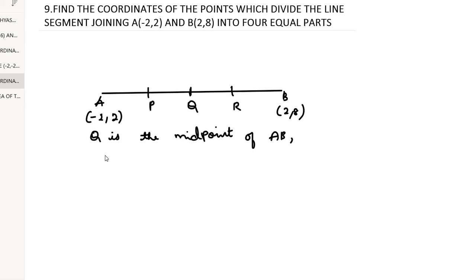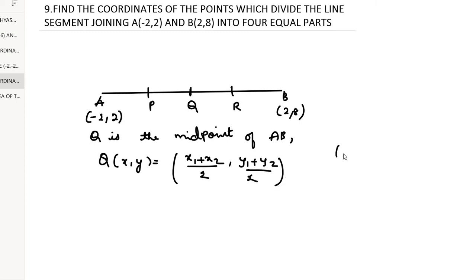When I take Q as the midpoint of AB, I can find Q of x comma y by using the midpoint formula: x1 plus x2 by 2, y1 plus y2 by 2. We have the 2 points, A is minus 2 comma 2 and B is 2 comma 8. This is x1 y1, x2 y2.